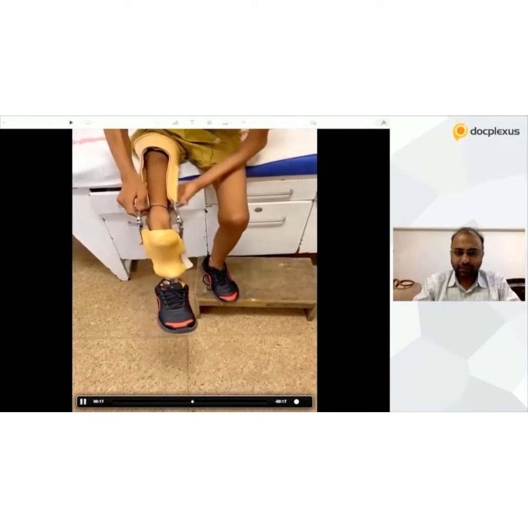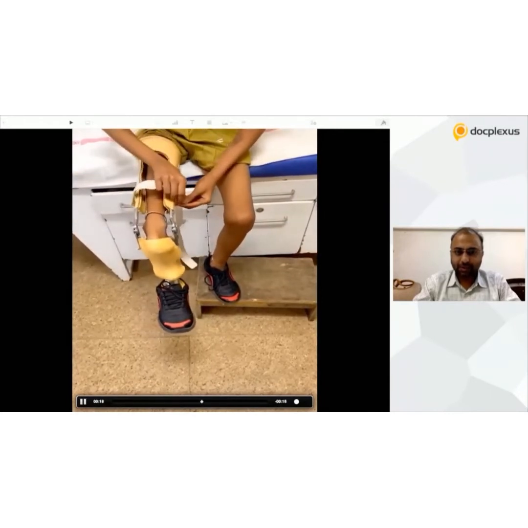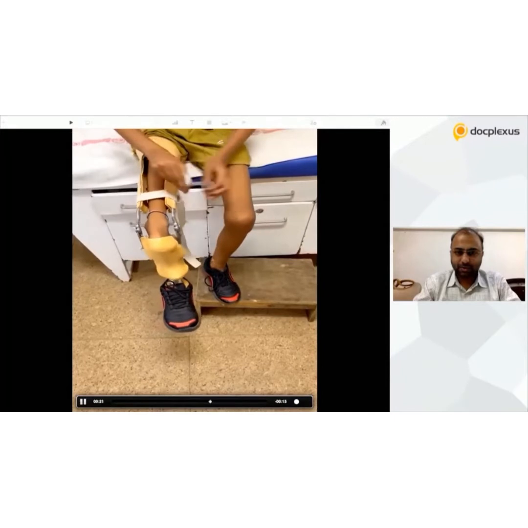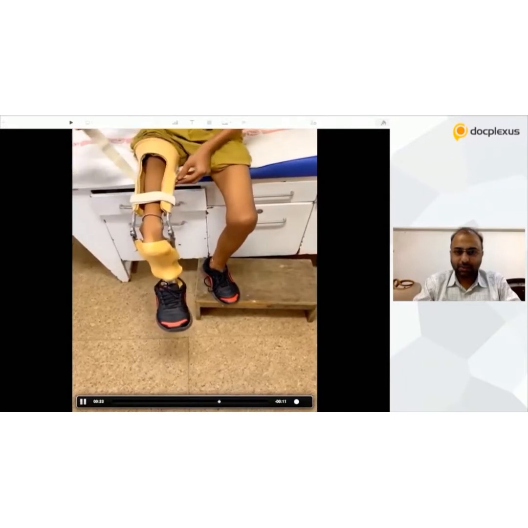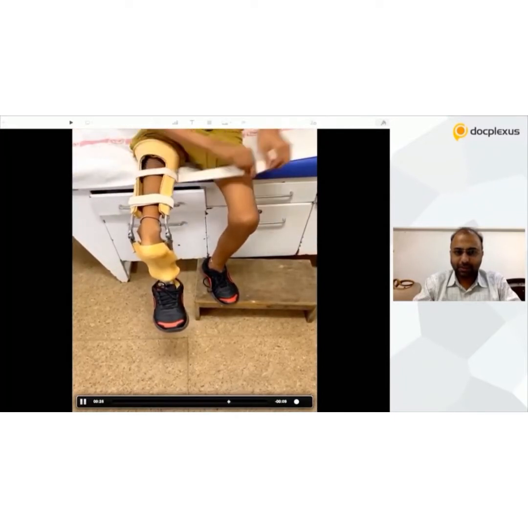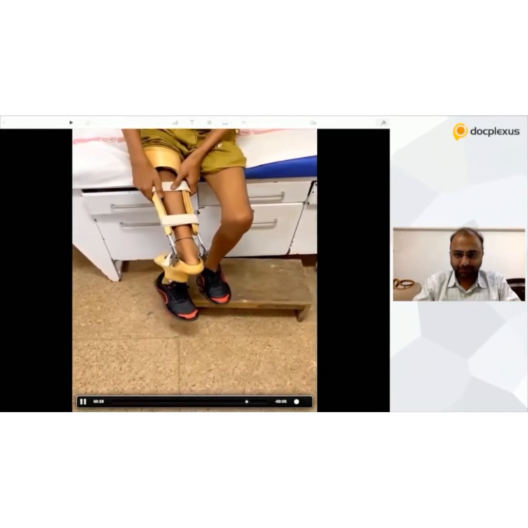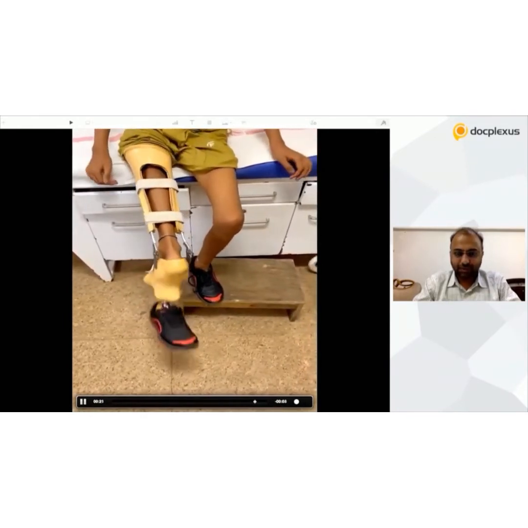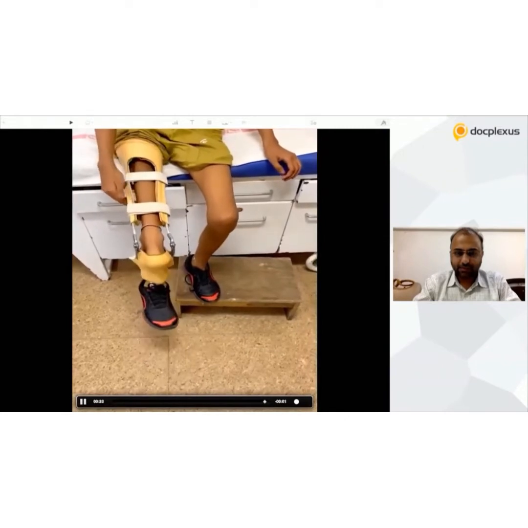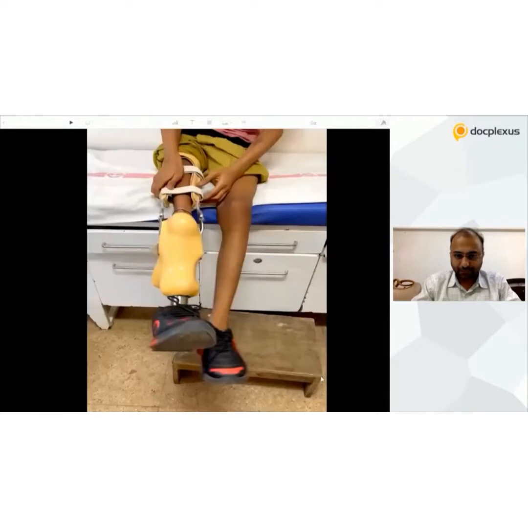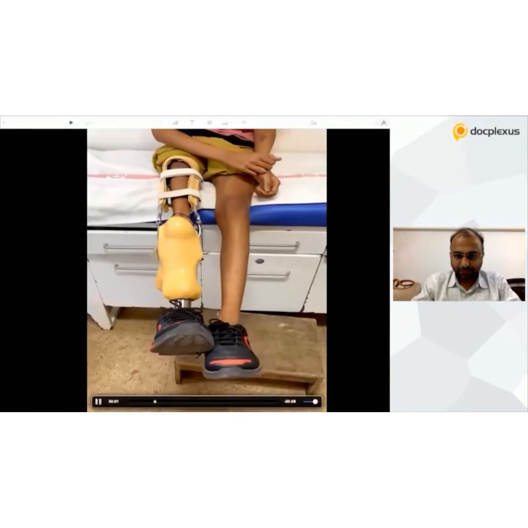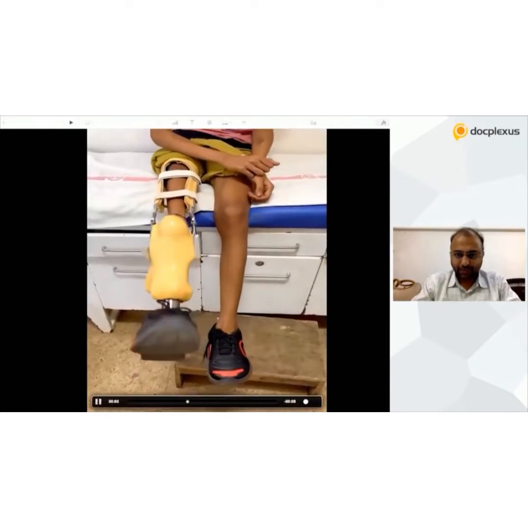It doesn't require the help of any other person, his parents. So he is able to attach his prosthesis. This is a specially designed prosthesis, called a rotationplasty type of prosthesis. This is how he has attached his prosthesis. He is moving his knee joint. He's flexing his new knee.